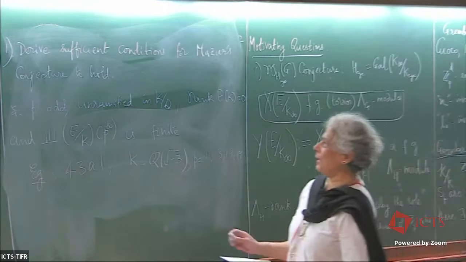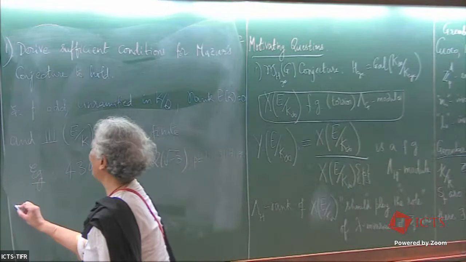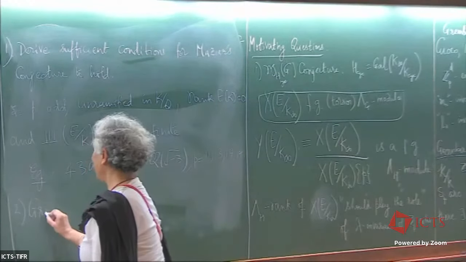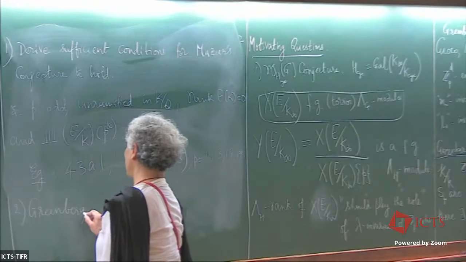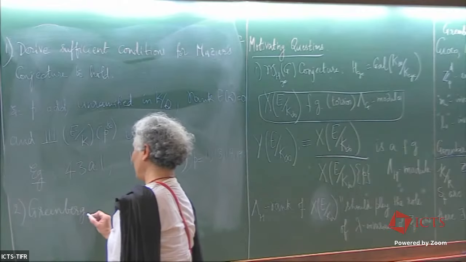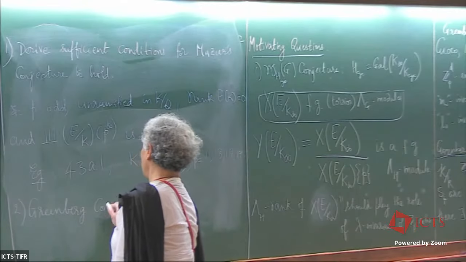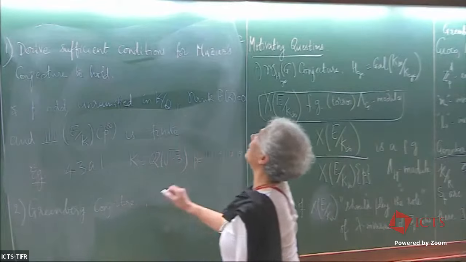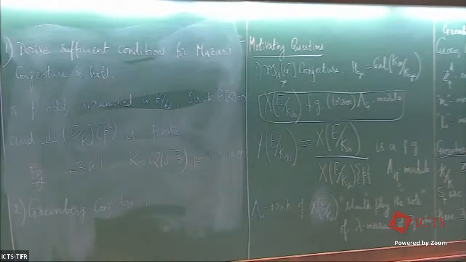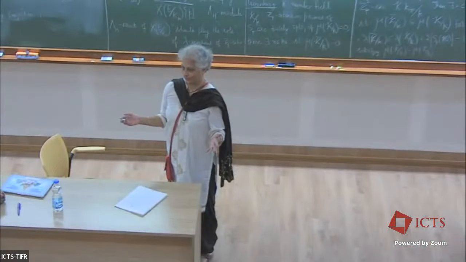Okay, then the other application, which is again very interesting, is this other conjecture of Greenberg, the famous isogeny mu equals 0 conjecture. Let me just say it, I won't write it. Greenberg says, take an elliptic curve E over Q. If the Selmer group over the cyclotomic extension of Q is Lambda-torsion, then there's always a Q-isogenous elliptic curve whose Selmer group has mu invariant 0.